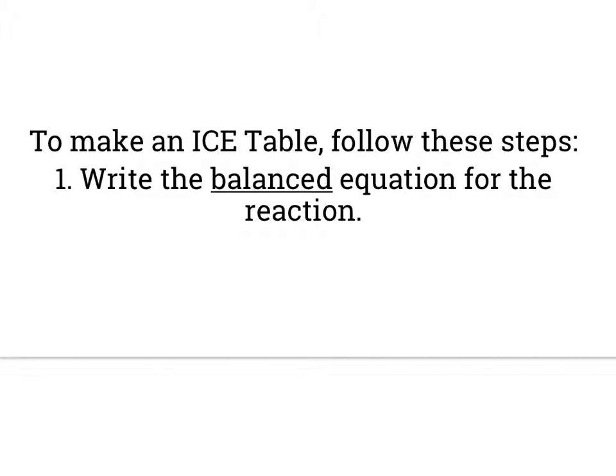First off, you're going to write the balanced equation for the reaction. I'm going to go back to that hydrofluoric example and rewrite our balanced equation. Most of the time, there aren't really any coefficients when dealing with Ka.